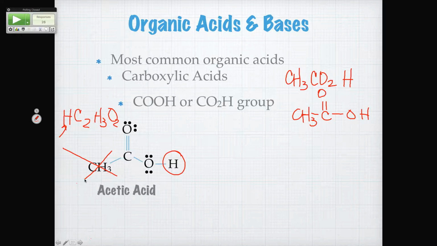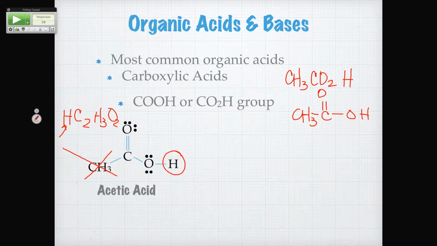Why do you think a CH would not be acidic and an OH would be acidic? What's different about those two bonds? CH bonds are very nonpolar and OH bonds are very polar. If you're a hydrogen bonded to an oxygen or a nitrogen or sulfur for that matter, you can be really acidic.